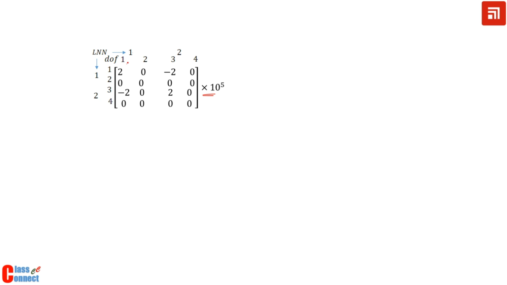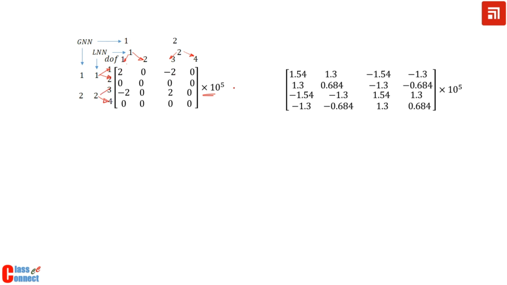So this is the first degree of freedom of node 1, and the second degree of freedom of node 1. This is the first degree of freedom of node 2, and this is the second degree of freedom of node 2. Likewise for the rest. So now we can write down the global node number. The global node number will remain the same.